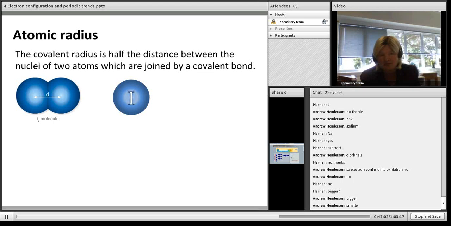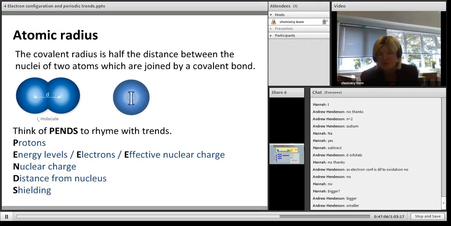If I took half the distance between the two nuclei, I'd have the size of the iodine atom. And to explain the iodine atom size compared to the fluorine or the bromine atom, I need to mention all these points.